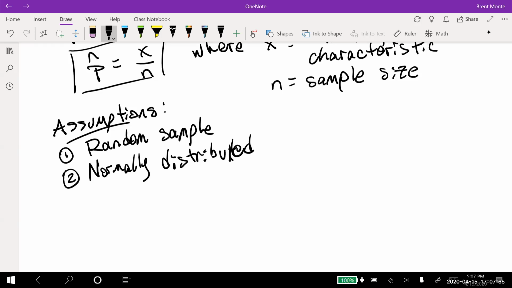Or, as we saw before, a large sample. But large sample in this case isn't what it was before. It's not just that the sample size n has to be greater than or equal to 30. This time, it's a little bit different.